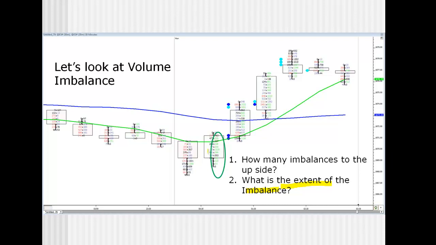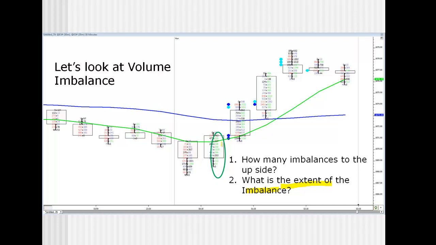So that's what I want to look at, the extent of the imbalance. The greater the extent of the imbalance, the more power to the move, the more momentum to the buyers in this case, because the imbalance favors them.